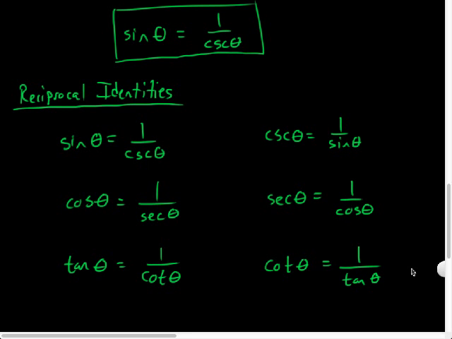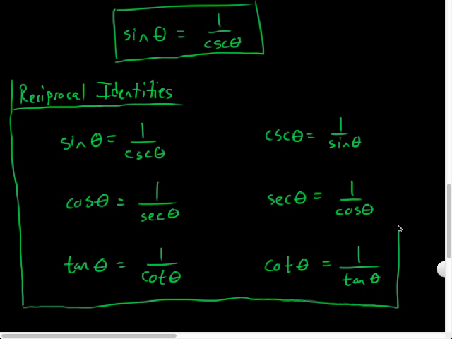And all of these can be derived similarly to what we had just done moments ago. Yes. So these are called, as I said, the reciprocal identities. These are true all of the time for every value of theta, and it would be good for us to know them. So we're going to incorporate some of these in today's problems that we do.